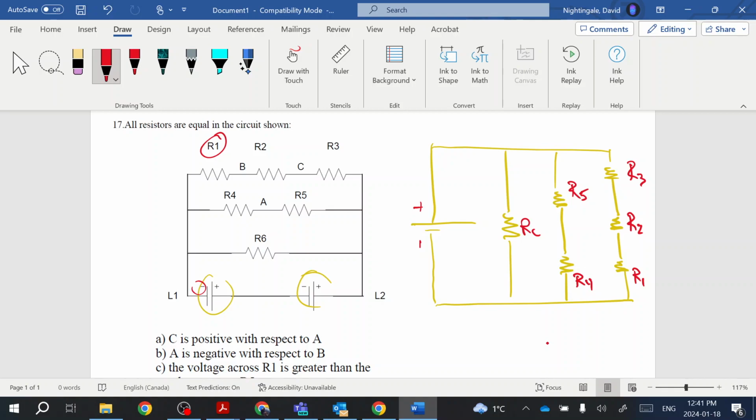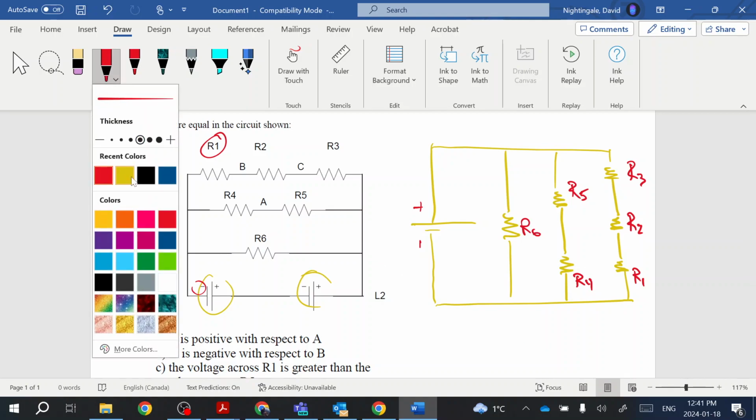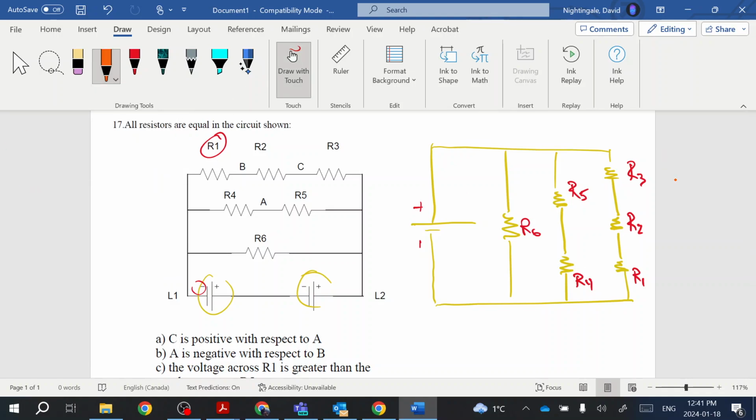We have a few points to indicate. At that point there, we have A, we have B right here, and we have C right there. And this would be called line 1, and this would be called line 2.